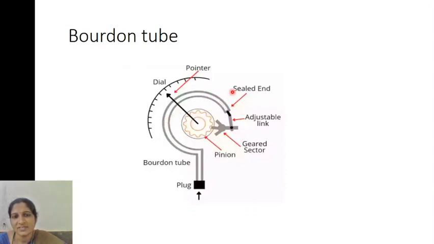Because of that, the adjustable link moves and this moves the pointer. The pointer will indicate on the scale how much pressure has been applied. That indication is the pressure which is to be measured. That is the Bourdon tube.